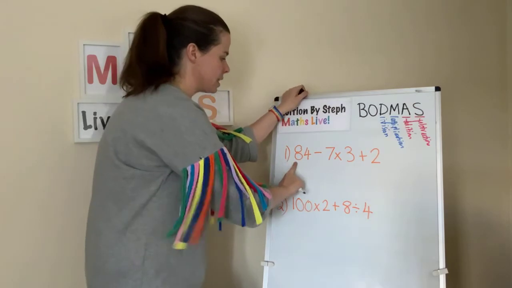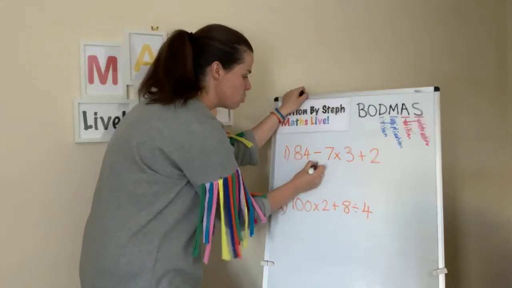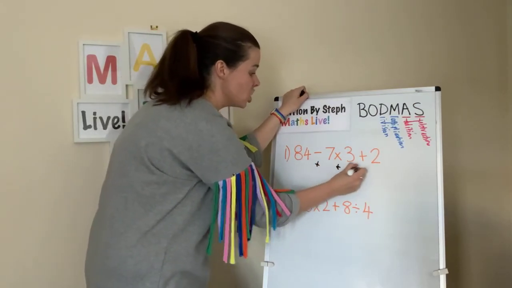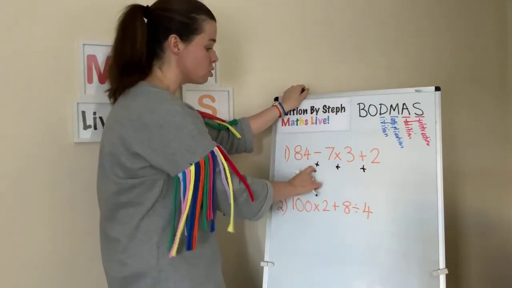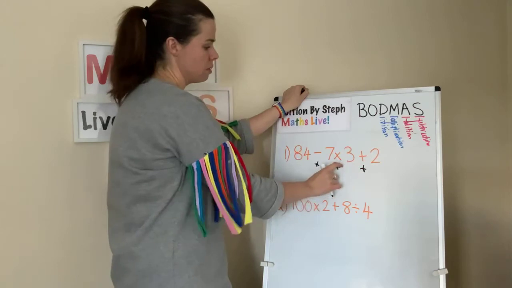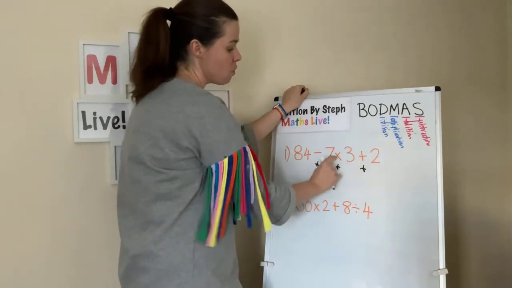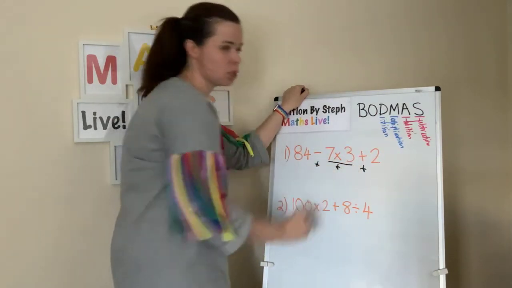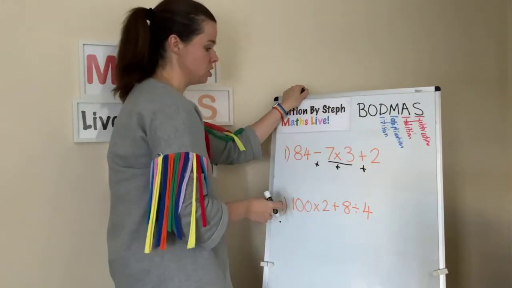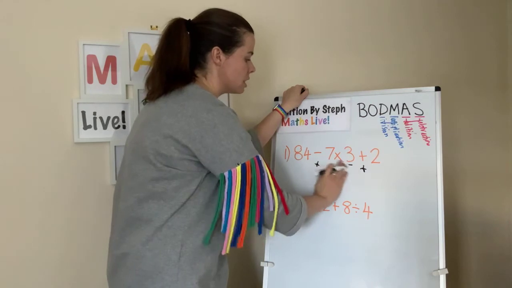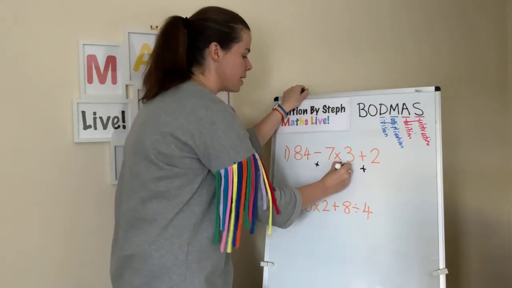So if we look at this calculation, we've got subtraction, multiplication, and addition. Subtraction is right at the bottom. Multiplication, we have to do this part first, because multiplication is more important than addition and subtraction. So 7 times 3 is 21.